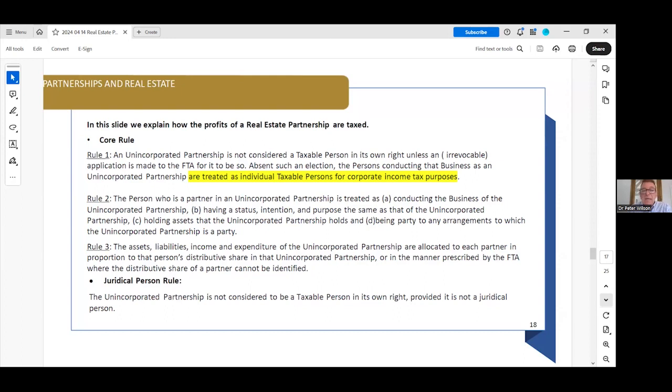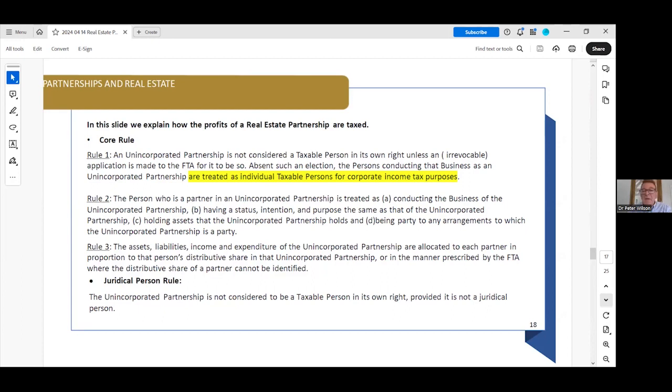So we could be looking at exempt income if we had an unincorporated partnership that wouldn't exist if we had a company. So one of the most important provisions to think about is if you've got a number of individuals, are they better off transacting their real estate transactions in a company, or should they be transacting their real estate business transactions in an unincorporated partnership?